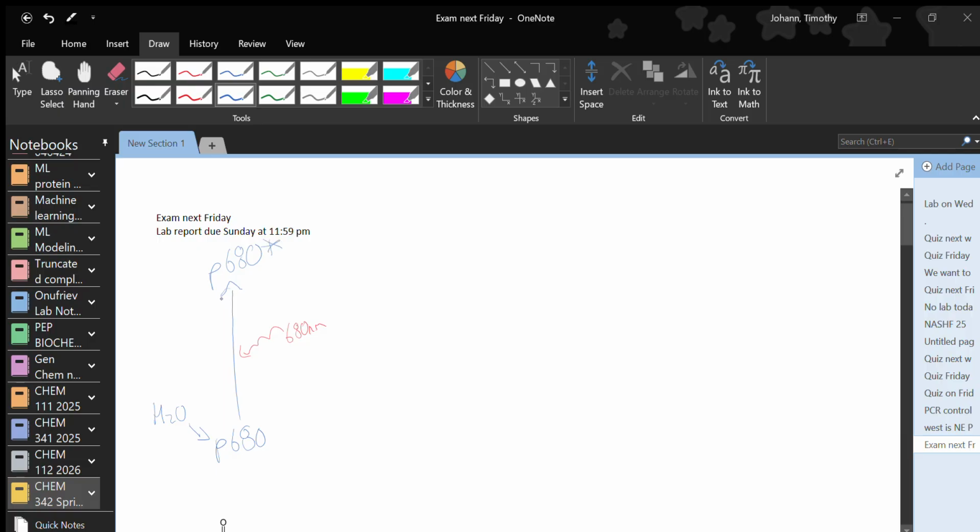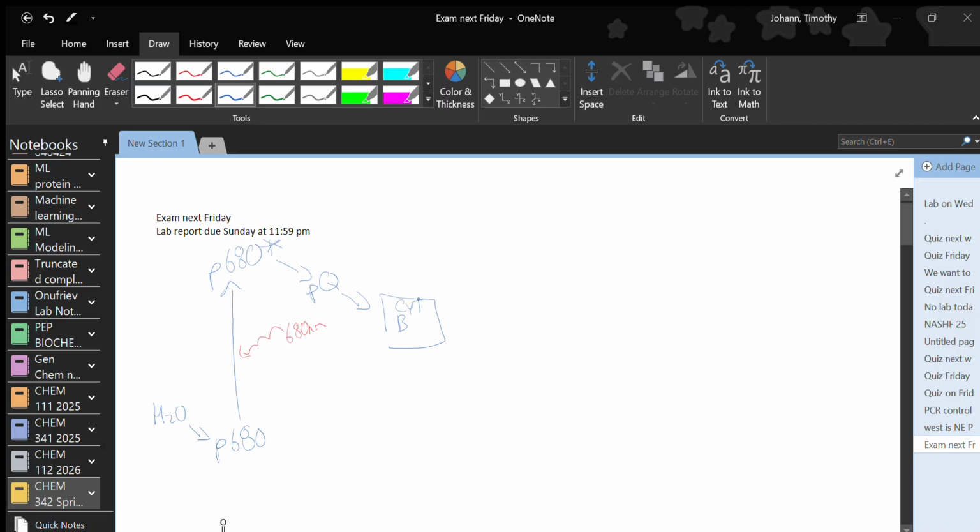In chemistry, we do the asterisk for excited. Those electrons then get transferred down to plastoquinone, right? Which picks up the electrons.